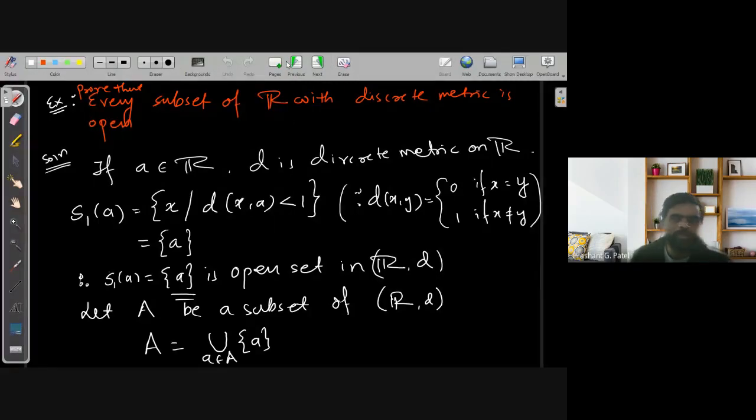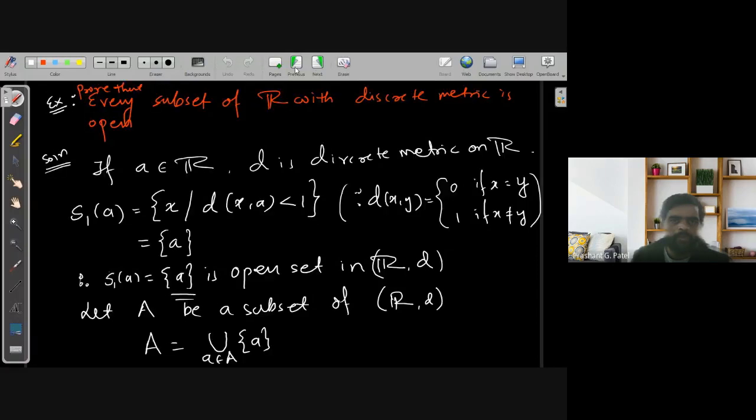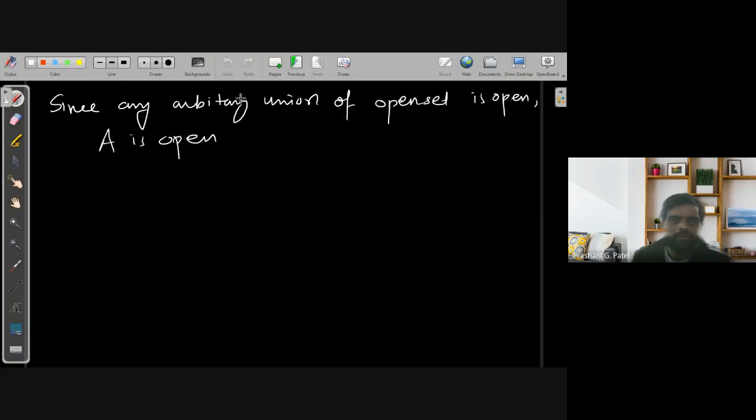Now, with the help of this example, we can have another example. Let X be an infinite discrete metric space. That means the set X contains infinitely many points.